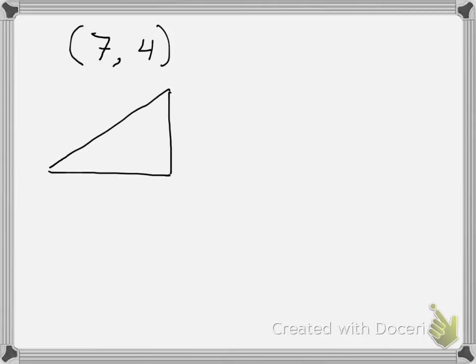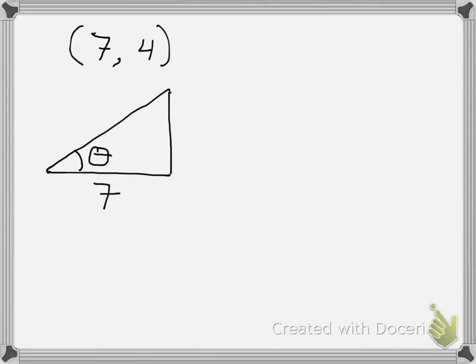Let's find the three trig functions for an angle in standard position that goes through the point 7, 4. I'm just going to draw the little triangle this time. Here's my angle theta.